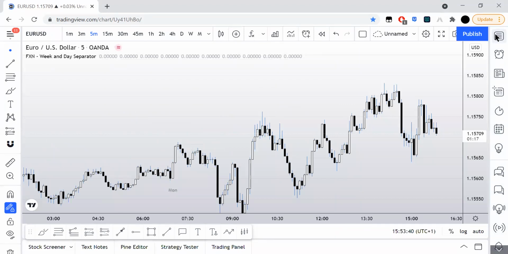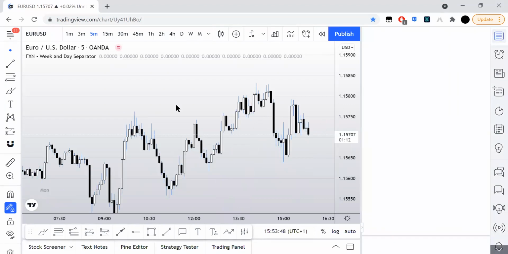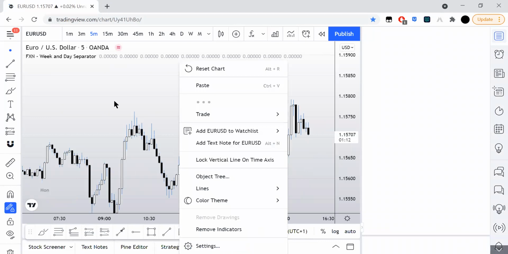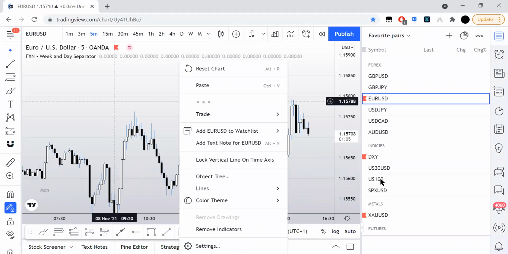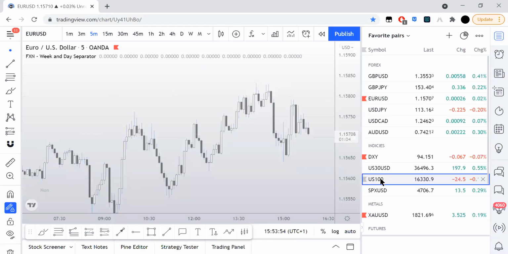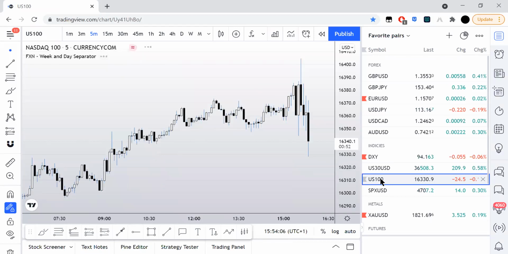My annotations ain't even loading. Check NAS real quick. So look at NAS. It's so clean.